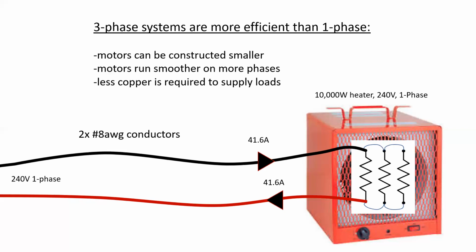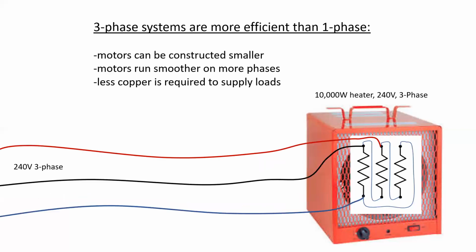Now, what if we were to take this same heater and instead run three-phase to it? Well, in three-phase, we would actually have to connect those individual heating elements in a slightly different configuration, which we are going to go into in a later presentation. We actually have this connected in Delta. We are going to provide 240 volt three-phase to this heater.